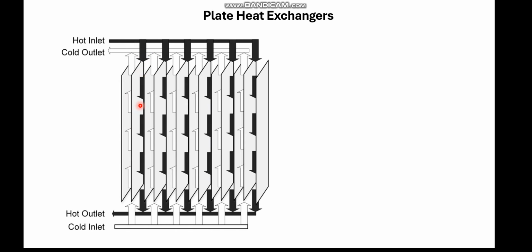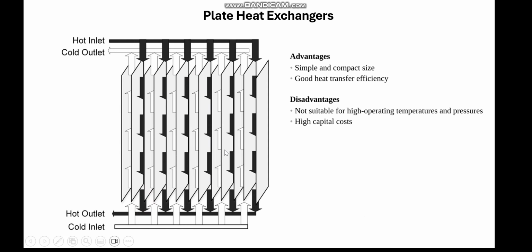Thus these fluids transfer the heat across this plate, and then the cool fluid is collected here, and the hot fluid is collected here. The advantages of these plates are that they have a higher heat transfer area. They are compact, which means that they have a higher surface to volume ratio, and they are easy to clean.